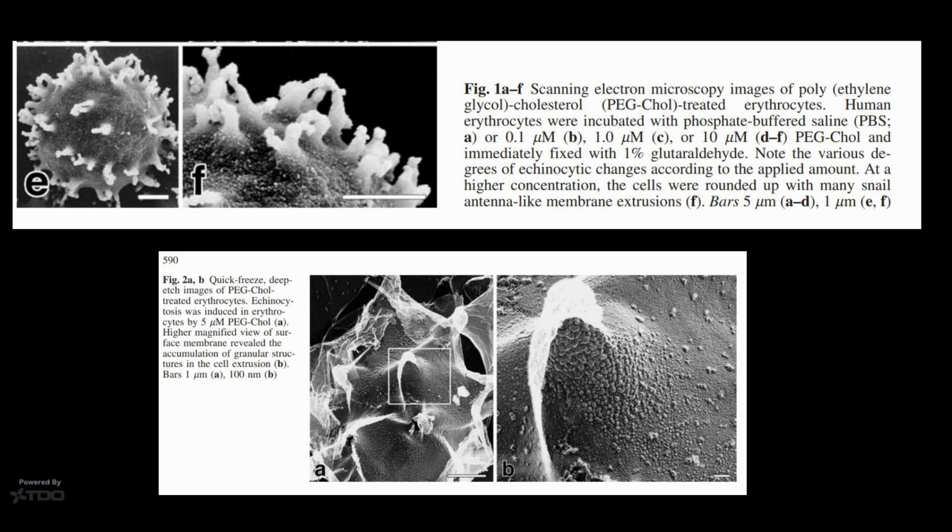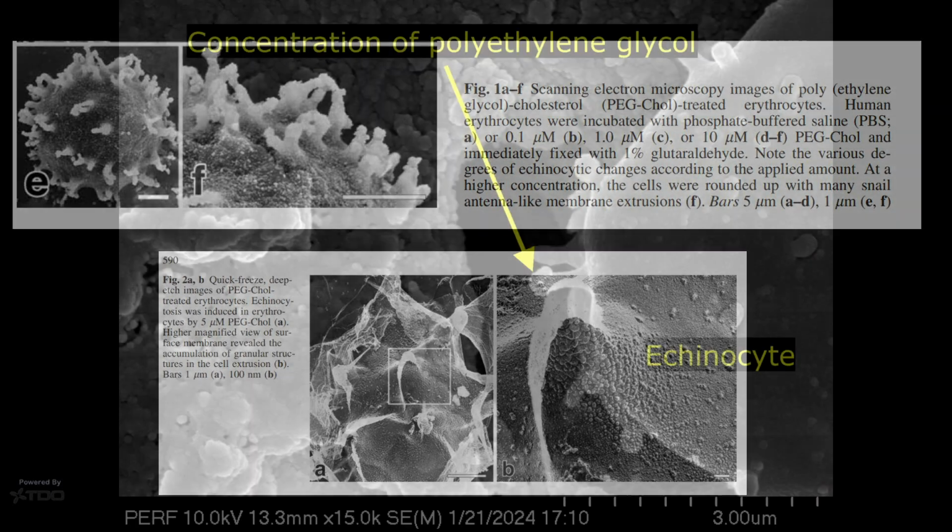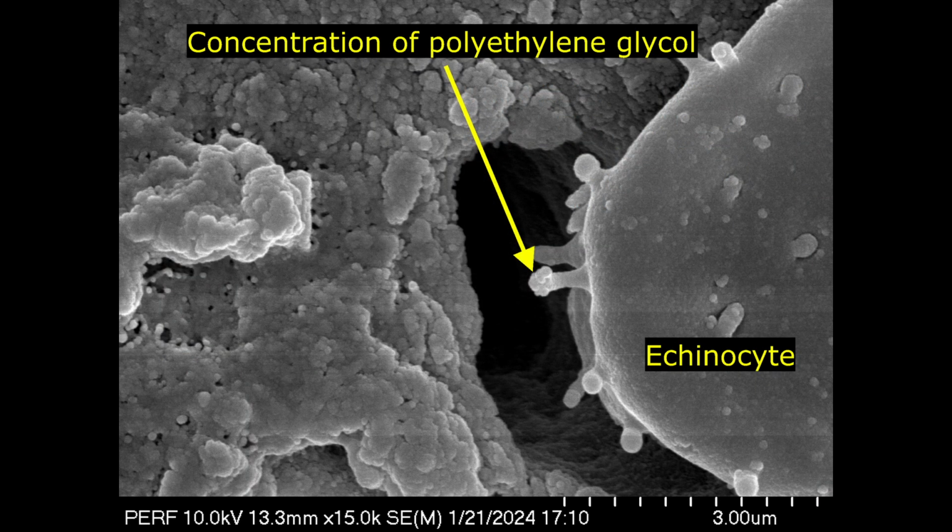And we see these projections, and it turns out in the work that was done that these projections actually contain the ethylene glycol. It sequesters in these outer projections. And there's a picture from one of Reed's cases where you can actually see the concentration of polyethylene glycol in that projection.